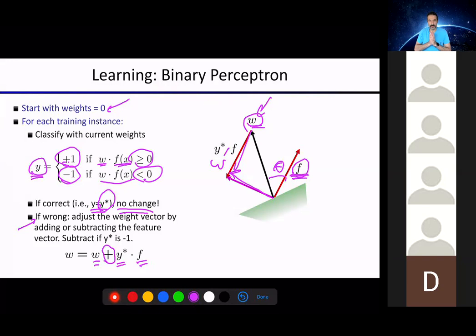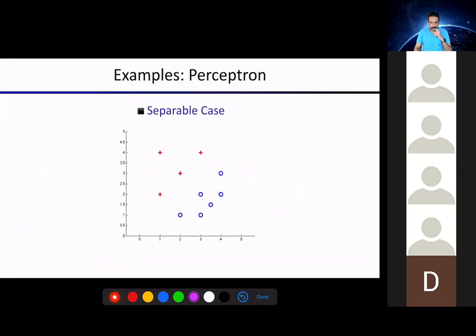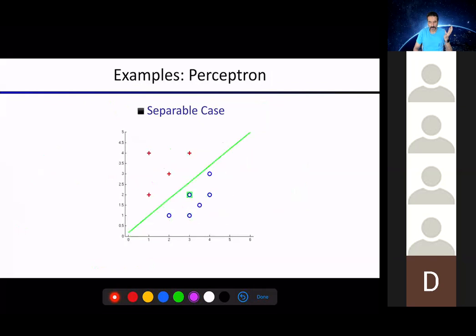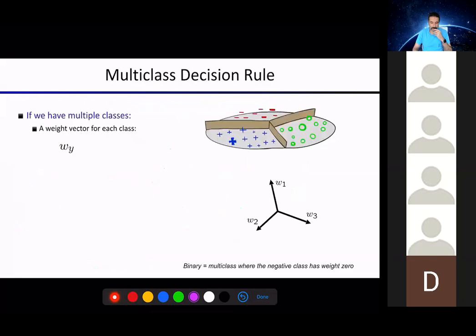Any question about this? It's a very simple iterative approach. And this was an example: iteratively go through each example until it converges to the right weight vector that separates these two classes.